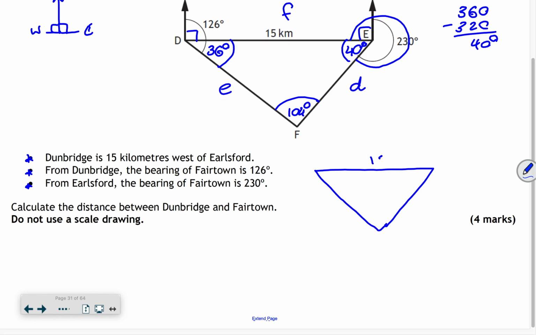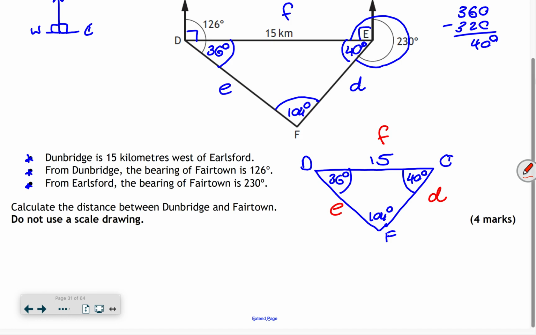So if this is 15, this will be D, E and F. That means this angle here is 36 degrees. This will be 40 degrees. And this will be 104 degrees. So this will be side F, side D, and side E. And it's side E that I want to work out, i.e. the distance between Dunbridge and Fairtown.